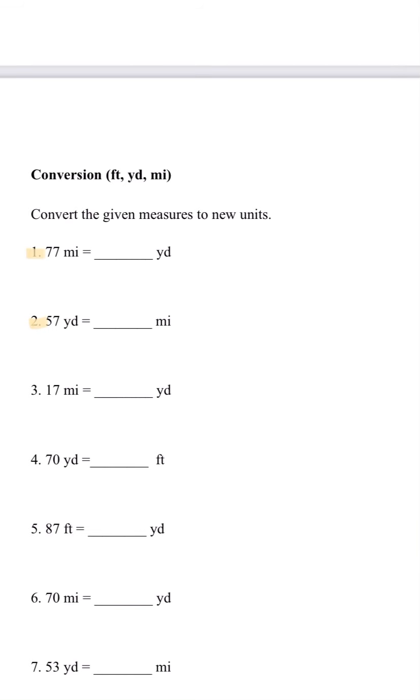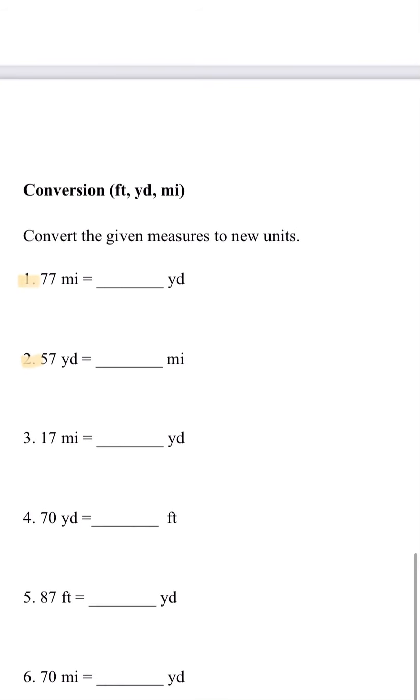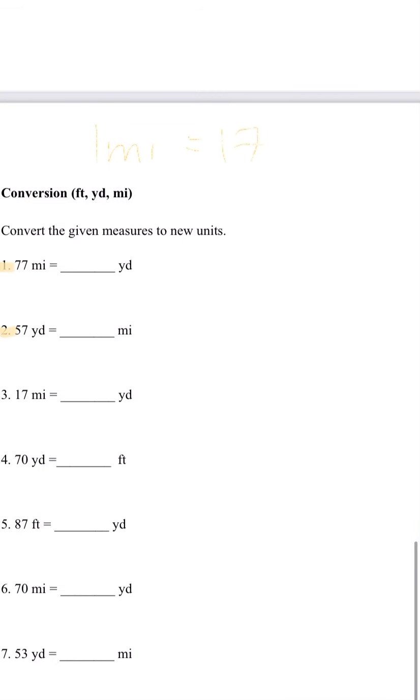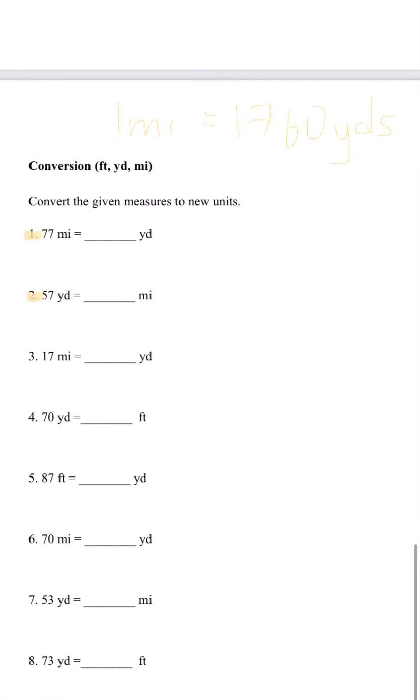We will be converting the given measures to new units. And so again, we're going to set up the proportions, right? And keep in mind that 1 mile equals 1760 yards. Okay, remember that. And let's look at number 1.